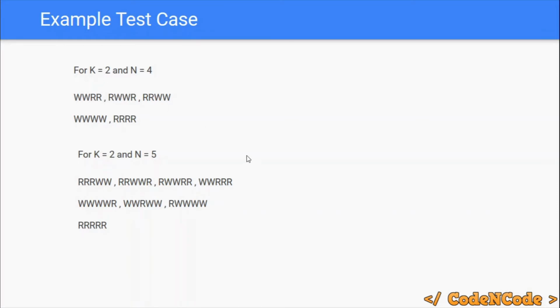For k equal to 3, if you fill the current position with w, this first position, can you fill the next two positions with r? The answer is no, because that would lead to an invalid string. So what it tells you is that if you fill the current position with w, then the next k minus 1 positions also have to be filled with w.